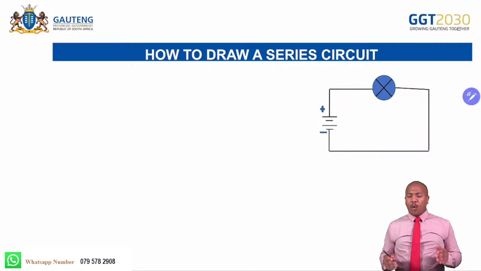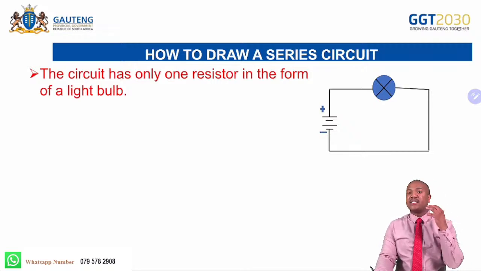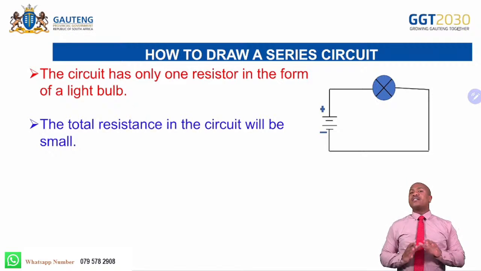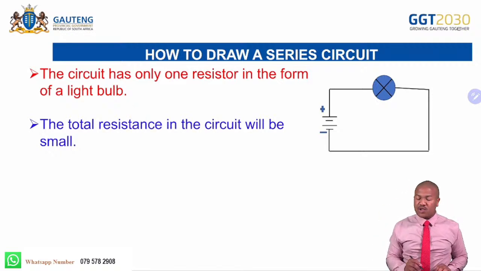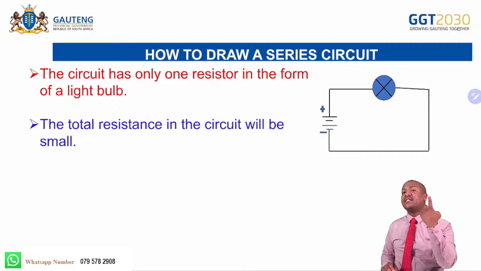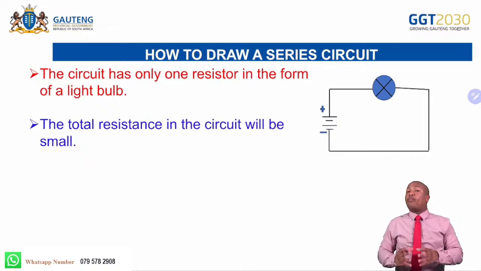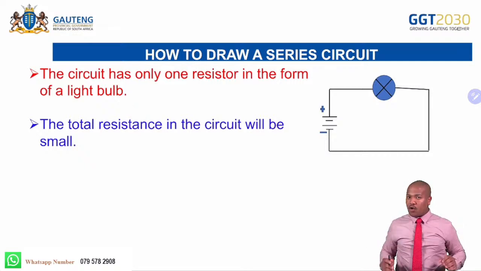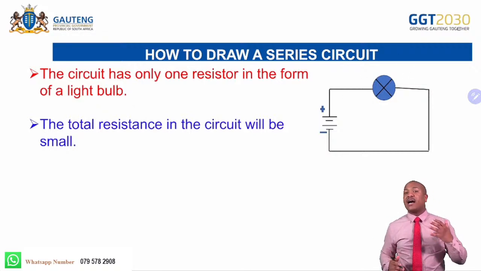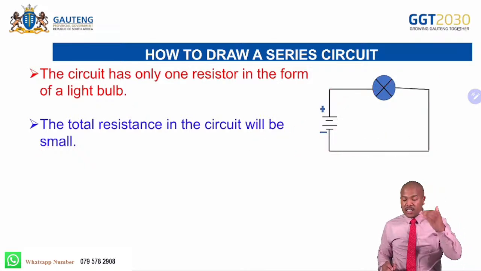So now, what is happening in this circuit? It has only one resistor in the form of a light bulb. Also, the total resistance in the circuit will be small. Why are we saying that? Because there is only one resistor present. Remember, a resistor is able to oppose the current flow. So there's only one resistor opposing the current flow here, hence the total resistance is small.